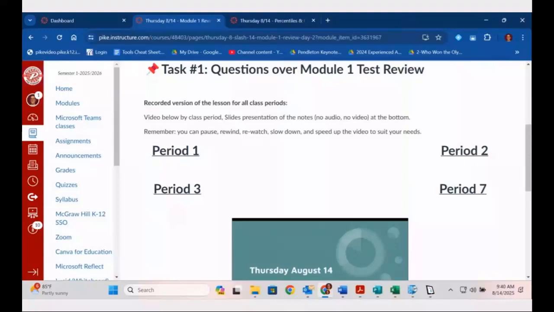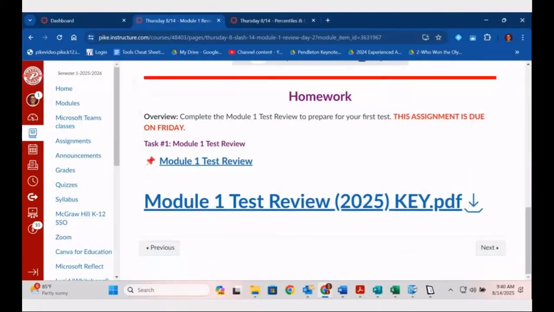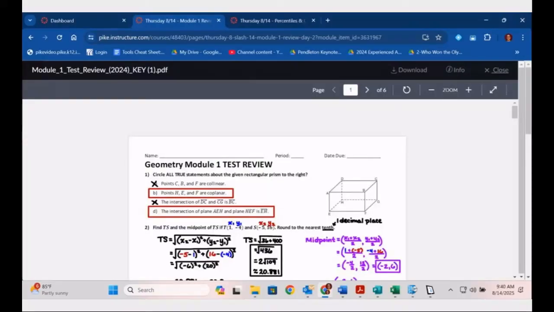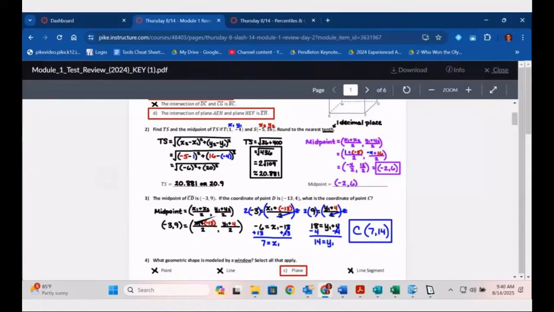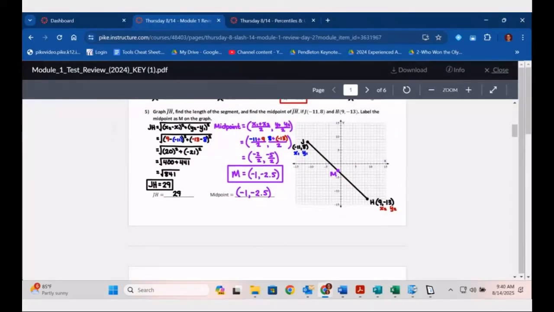It can be really, really helpful as you're studying for the test to go in and watch a video from a different class because I went over different questions in each class. But if you scroll all the way down to the very bottom of the page, and you click here where it says Module 1 Test Review, it takes you to all of my work with all of the answers. So you guys have access to the entire answer key.